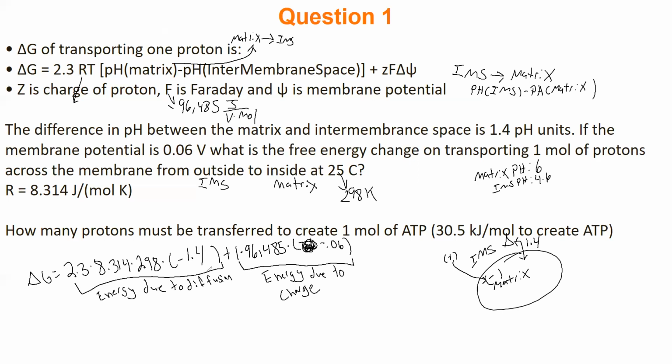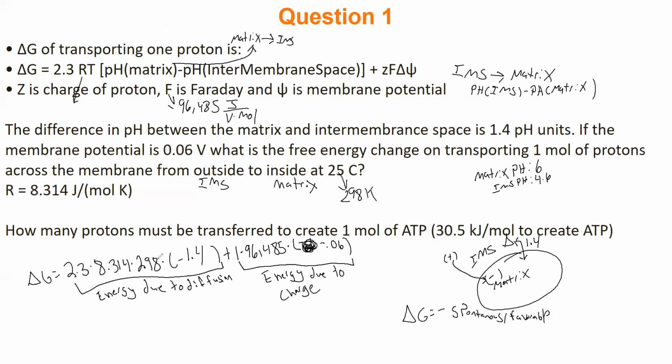So this is actually a good teaching moment. How did I know that my equation was flipped? I didn't memorize these equations or anything. The reason I knew that is because delta G, remember, if it's negative, that's spontaneous. That's favorable, right?